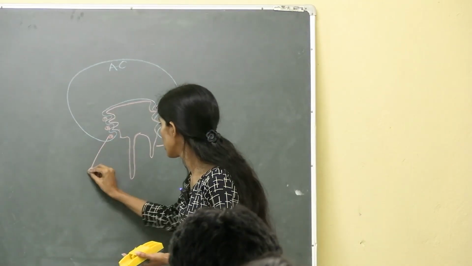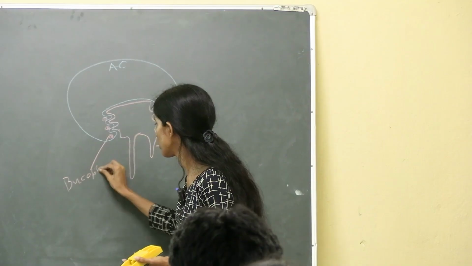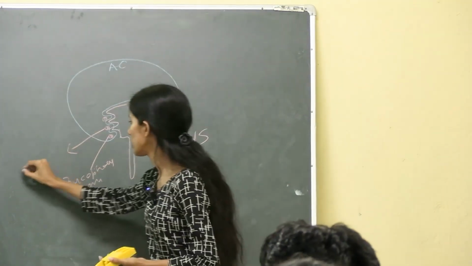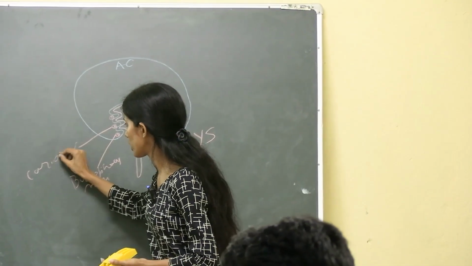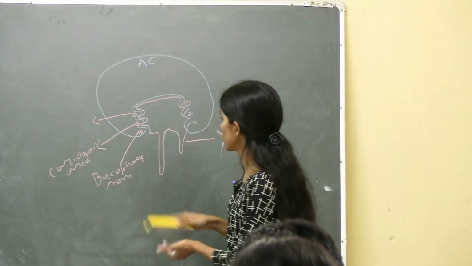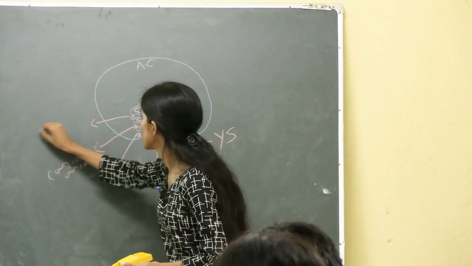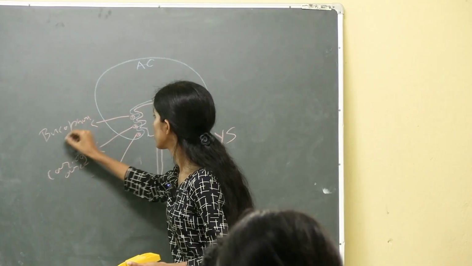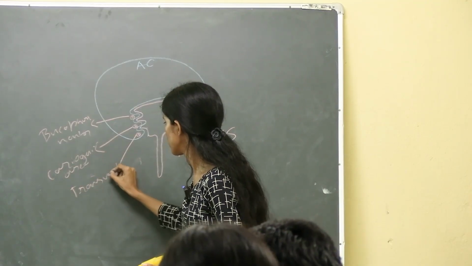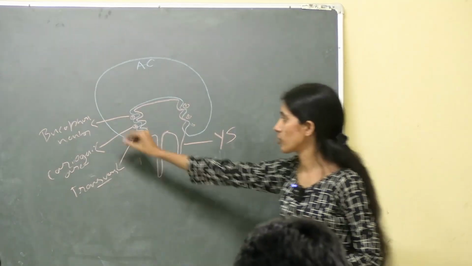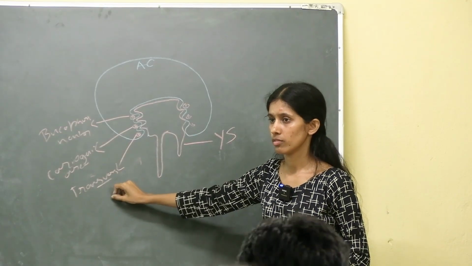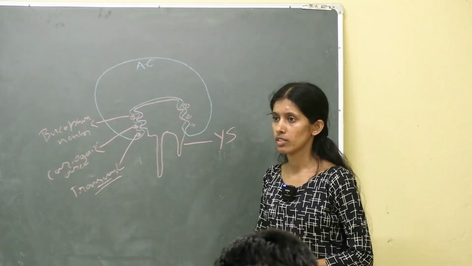Now your buccopharyngeal membrane is in first position, followed by pericardial or cardiogenic area, and then the septum transversus.